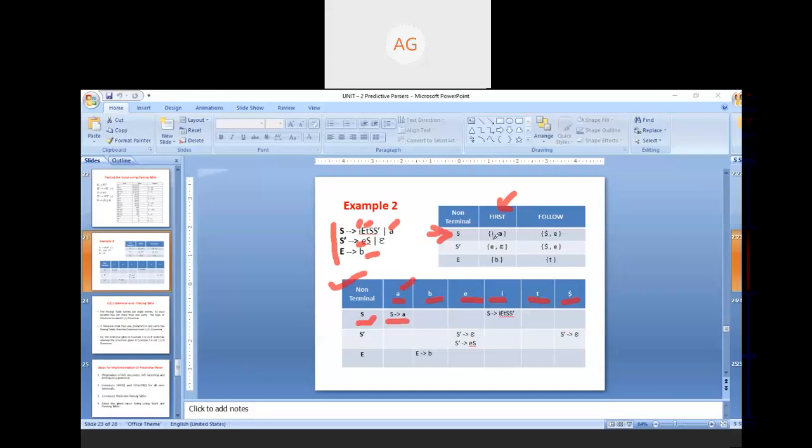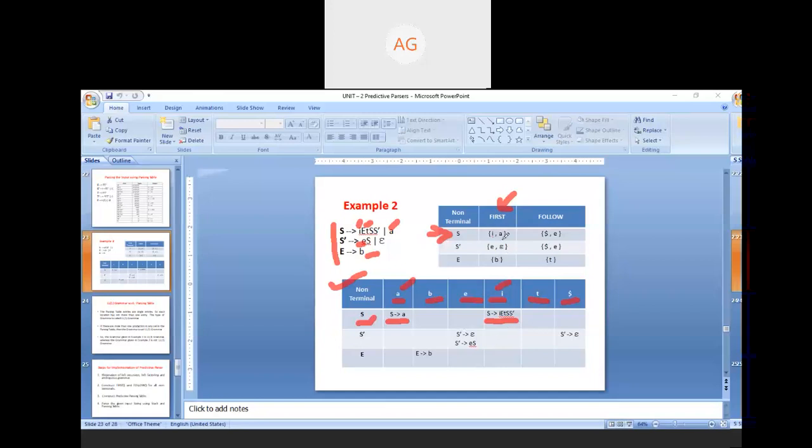Corresponding to the S versus I entry, you need to fill the production starting from S, which is S produces I E T S S dash. These are the two productions starting with S, and we fill them in the proper places of the parsing table.